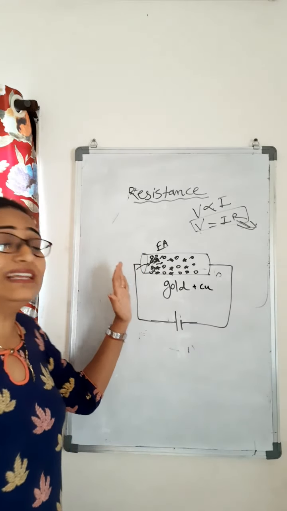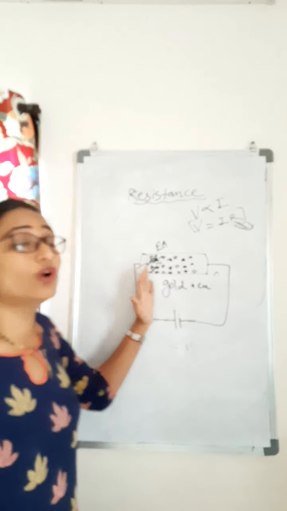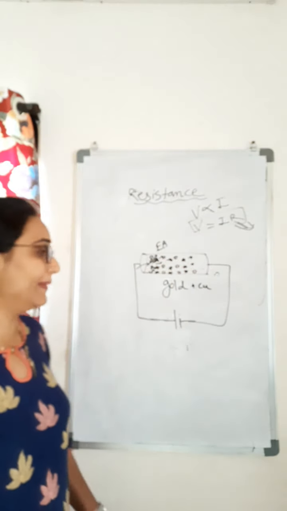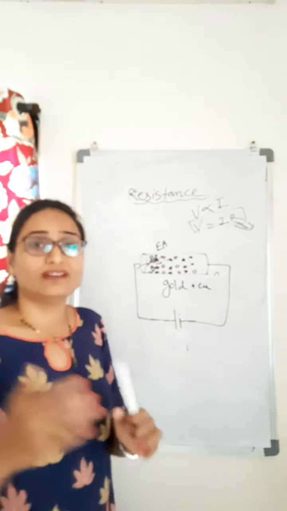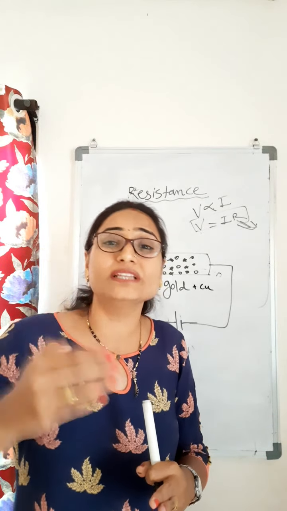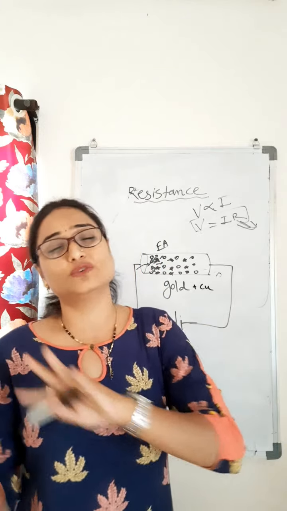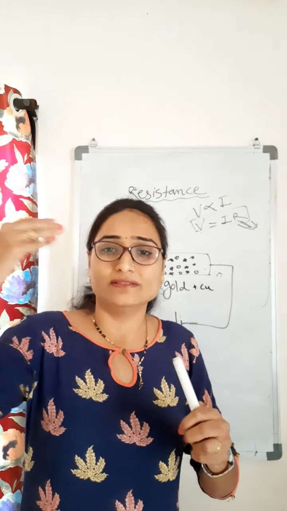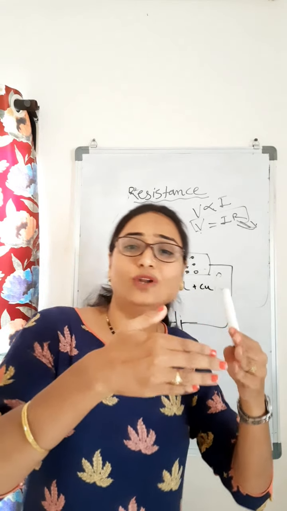So when the electron flows, so many collisions will happen, and that collision means they are reducing the speed of the electron. If an electron is going very fast, one atom comes, it collides with that atom.